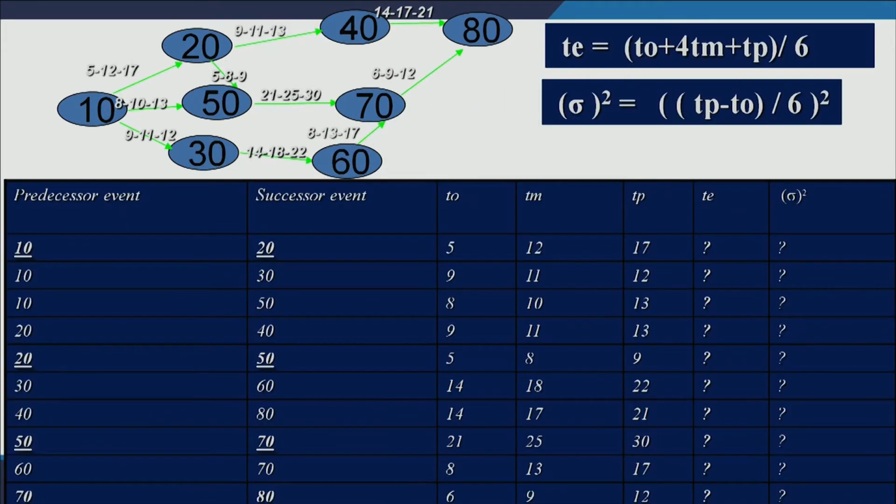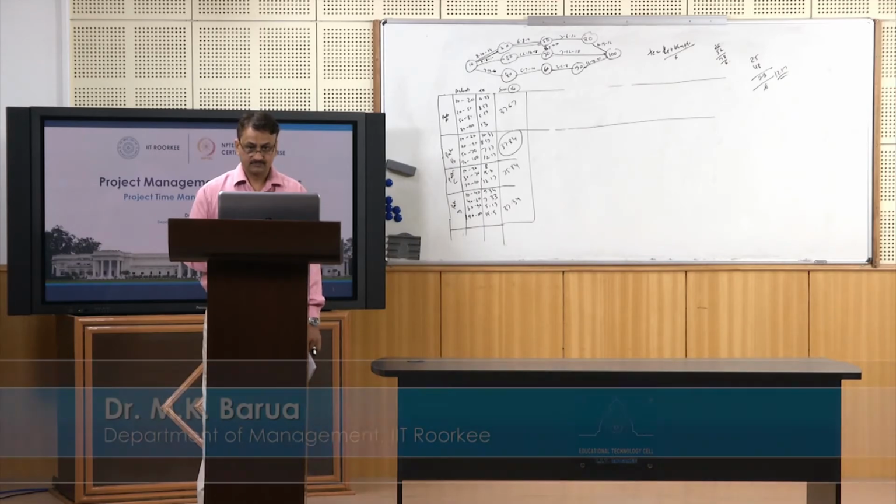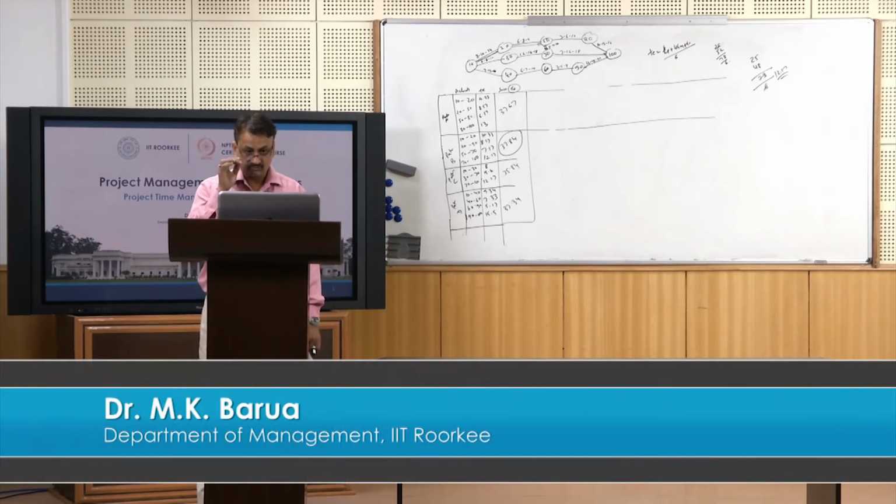Now if I ask you to find out what is the variance along the critical path, what will you do? Variance is very simple.